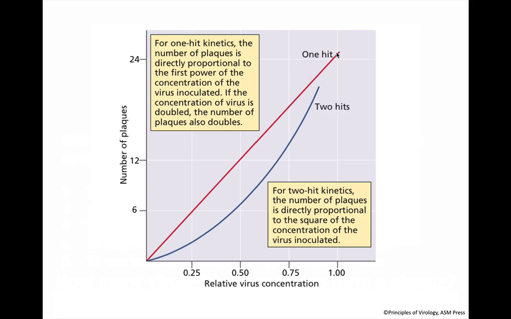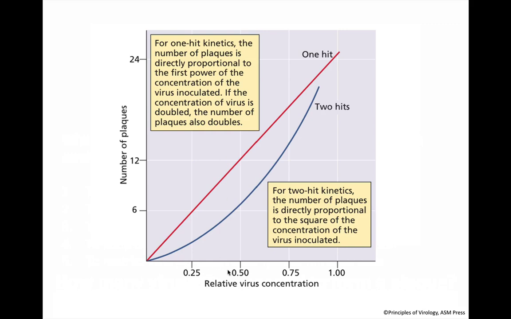And that's because if a single particle is sufficient, that's one-hit kinetics. The number of plaques is directly proportional to the first power of the concentration of the viruses inoculated. And all that means is simply you have a straight line, because as you double the concentration of virus, you double the number of plaques.